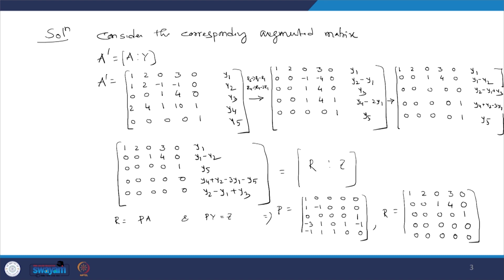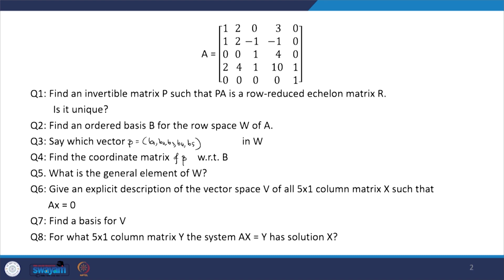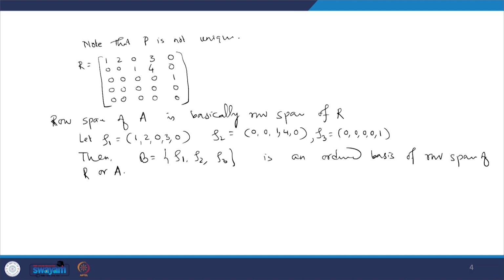Now, what is the third question? Say which vector beta equal to b1, b2, b3, b4, b5 is in W. Let W denote the row space of R.